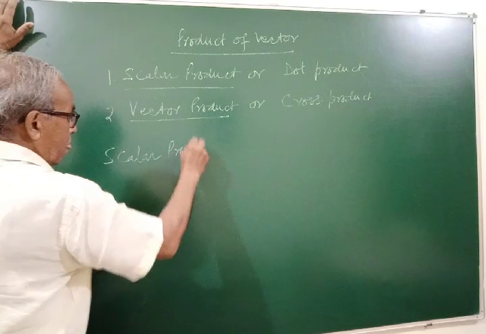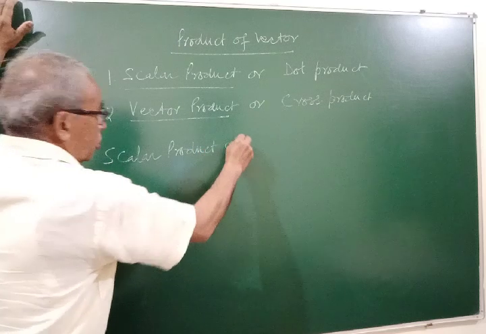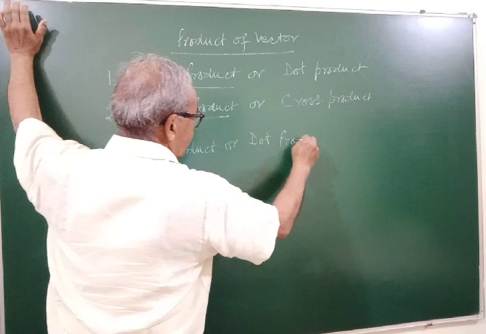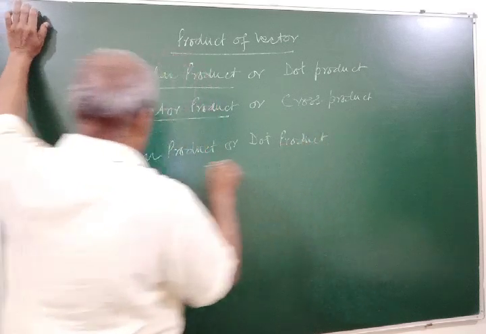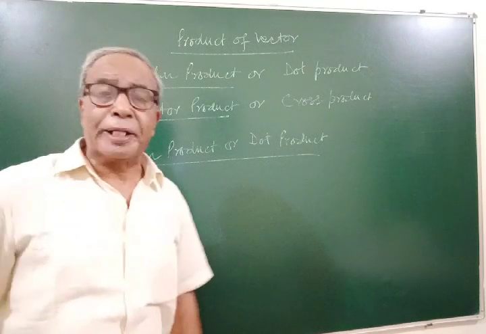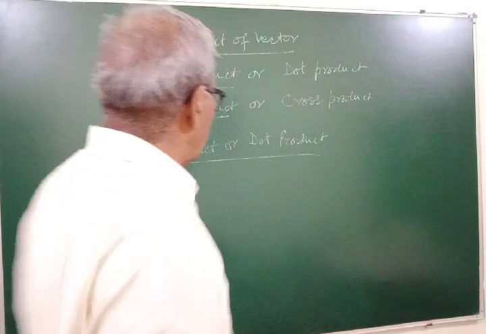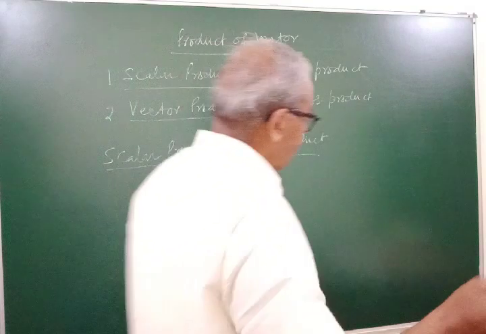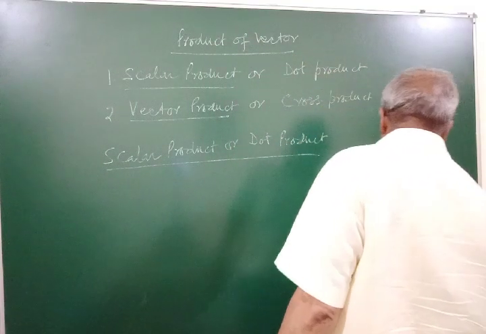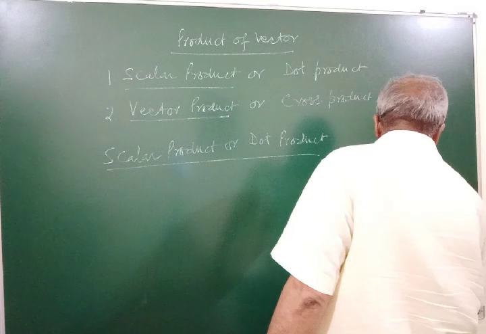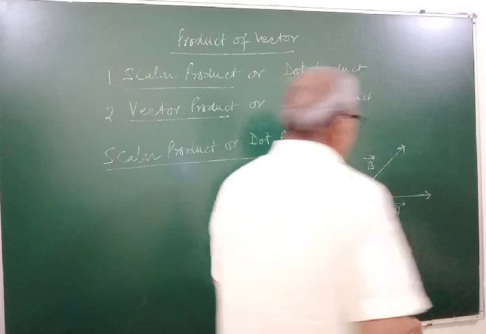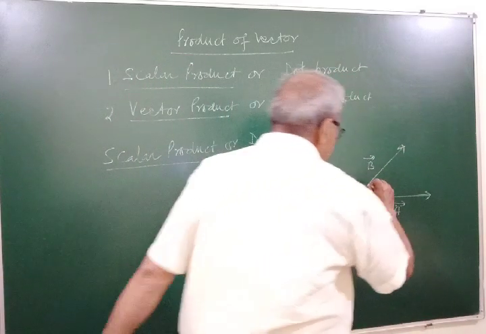Scalar product, or dot product. We are going to define it. A very simple definition, and the definition consists of all facts about the product, but we classify the properties again. Suppose these are two vectors A and B. This is vector A, this is vector B, and the angle between their directions is theta.